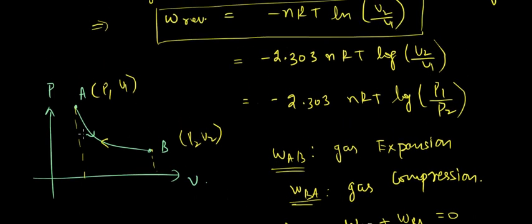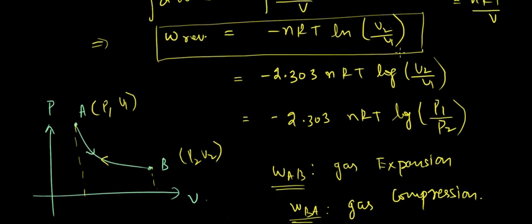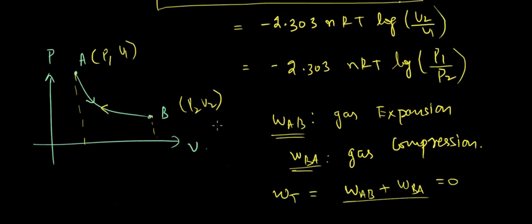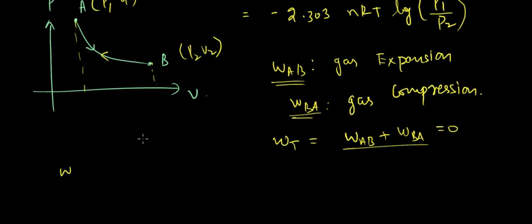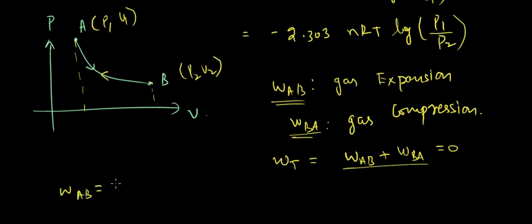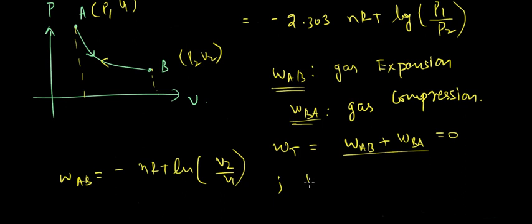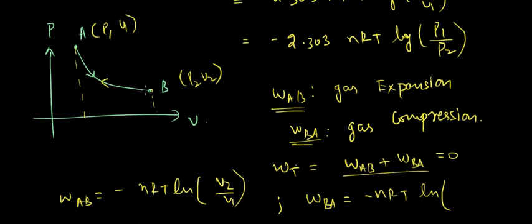Because let's suppose work done from A to B can be written as minus nRT ln V2 upon V1, that is VB upon V1. And work done from B to A would again be minus nRT ln, what is the final volume here? It is going from B to A, so the final volume would be V1 upon V2.